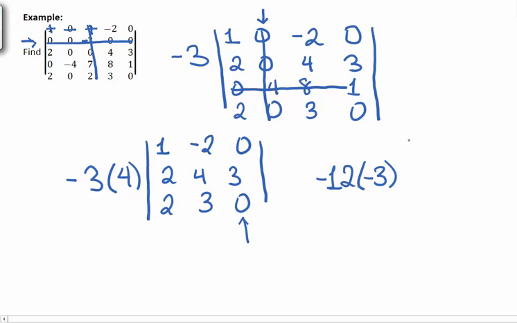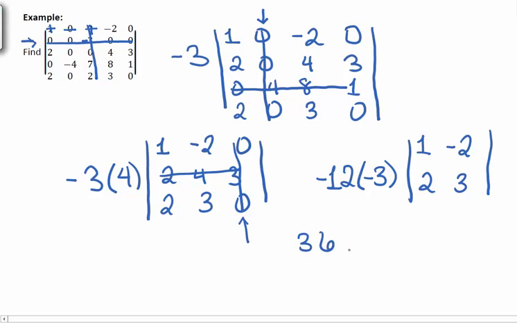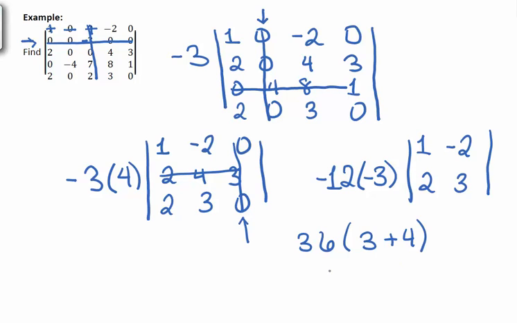And then deleting that row and column, I'm left with 1, minus 2, 2, 3. Negative 12 times negative 3 is 36, times 3 minus negative 4. So 36 times 7 gives us a determinant of 252.